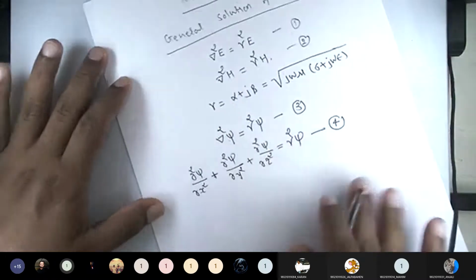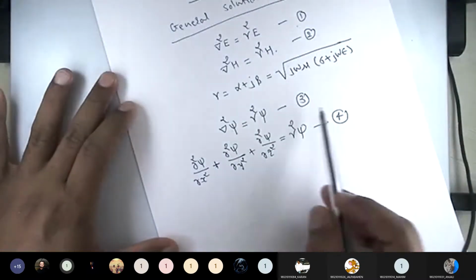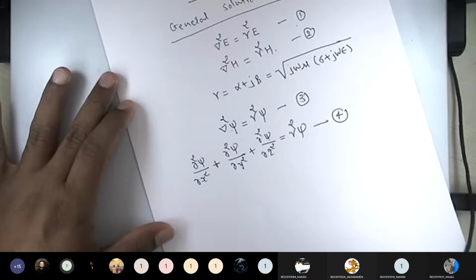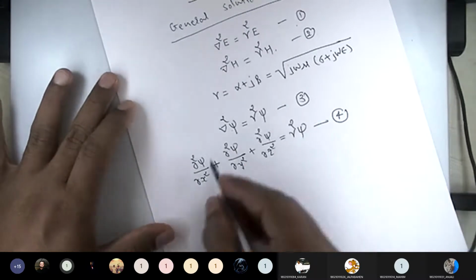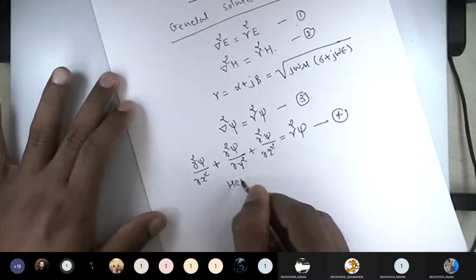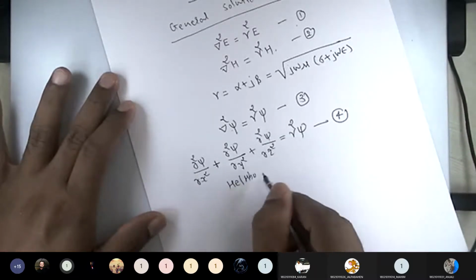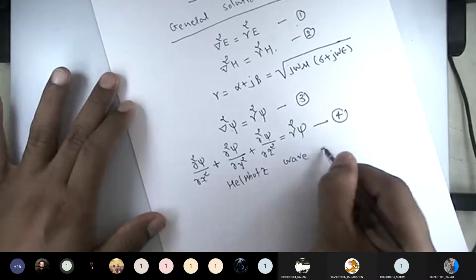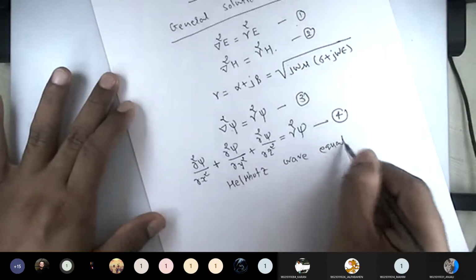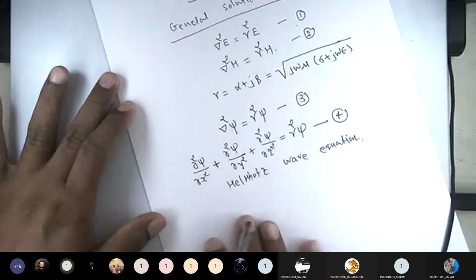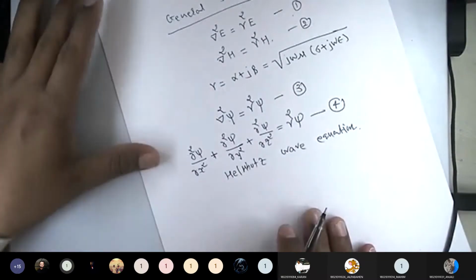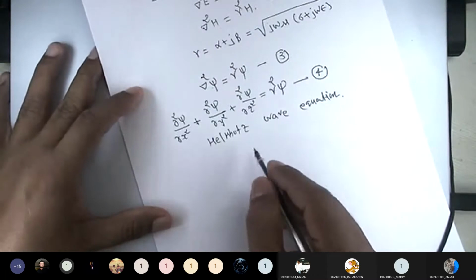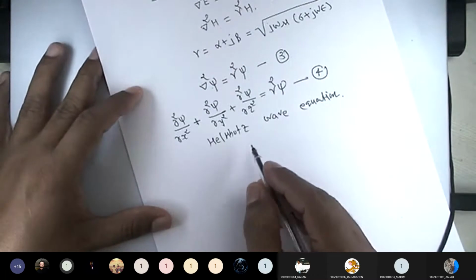So ultimately our objective is to solve either 3 or 4 and obtain this psi variable, and this expression is considered a Helmholtz wave equation. For obtaining the solution of equation number 3 or 4, we used the separation of variables method.